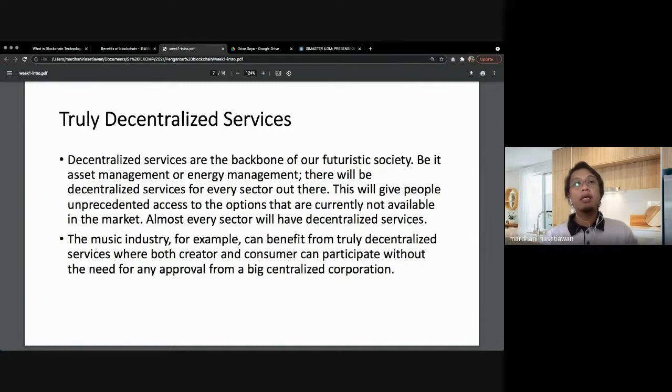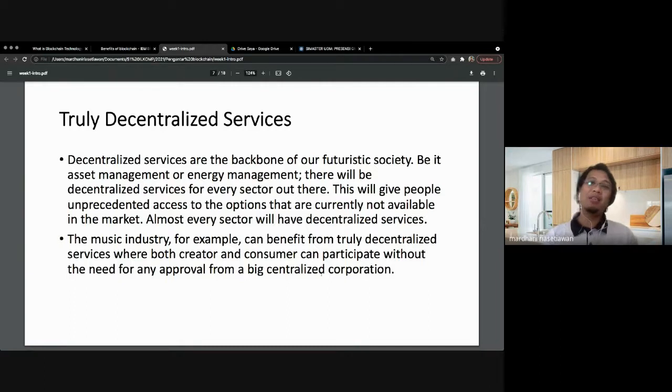So this is an example: the music industry can benefit from truly decentralized services where both creator and consumer can participate without the need for approval from a big centralized corporation. We can see it now in YouTube.